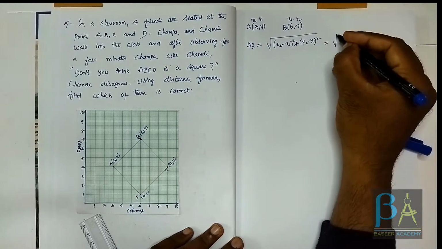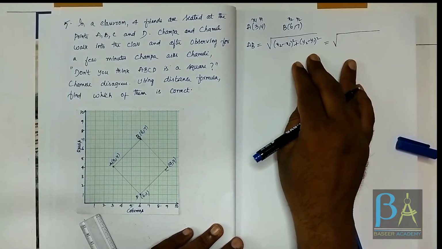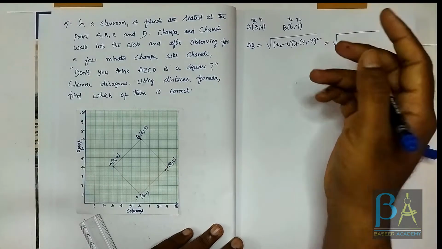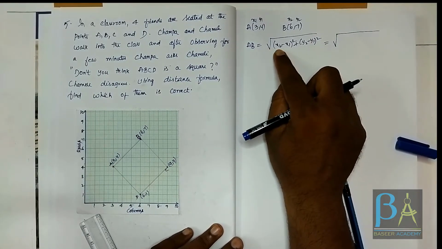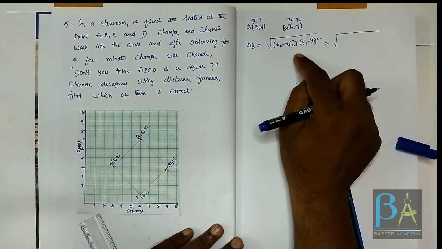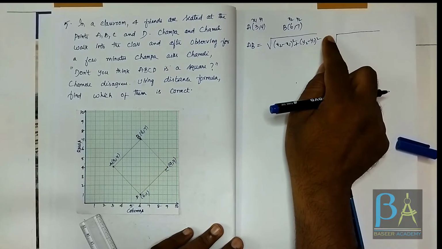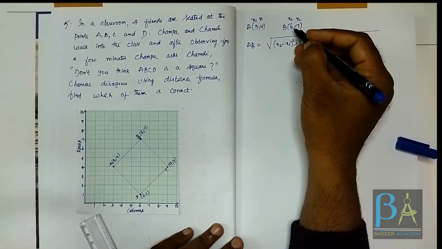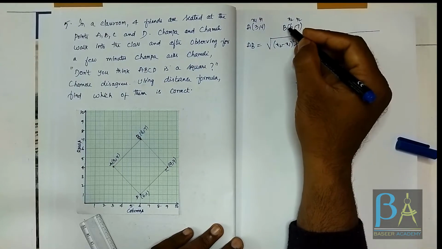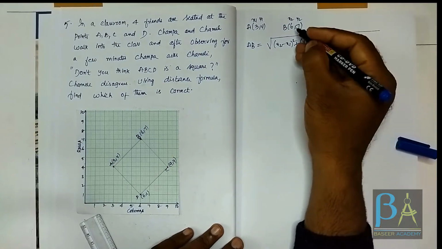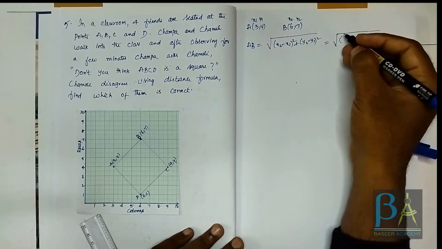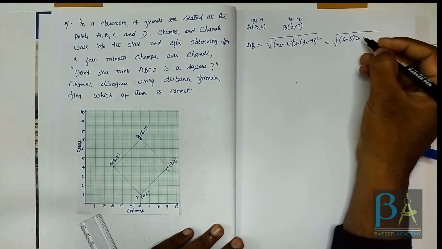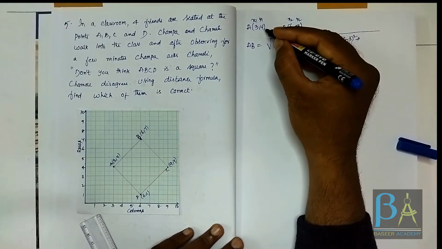Personally, I really do not write the distance formula when calculating the distance. I know that I need to subtract the x coordinates and then square them, plus subtract the y coordinates and then square them. So I usually subtract the smaller coordinate from the bigger coordinate. That's what I personally do. So from 6 I subtract 3, and then from 7 I subtract 4.